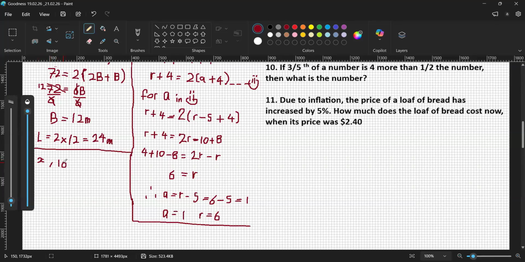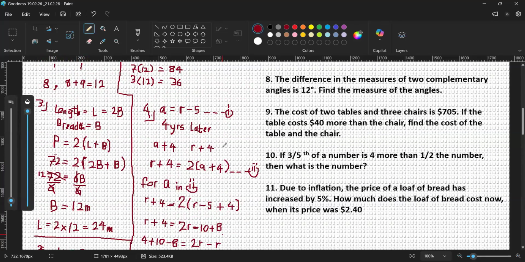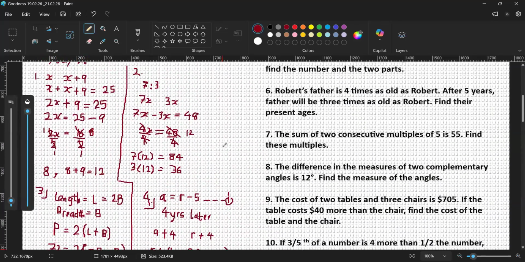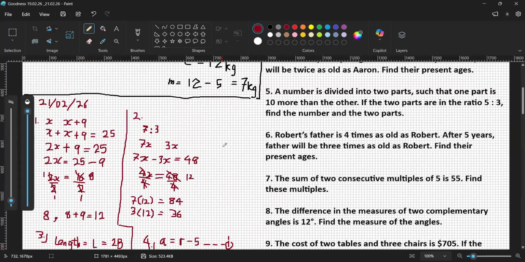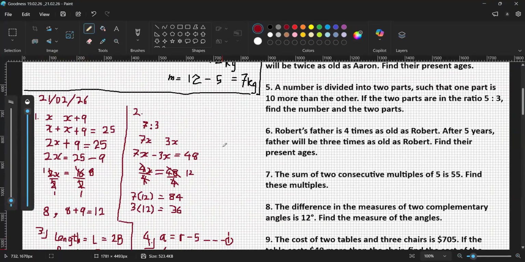Yes, sir. Okay. Don't worry, we'll come to that ratio. Let's interpret the question from the start so we don't miss any of the juicy details. So first, one part is 10 more than the other.